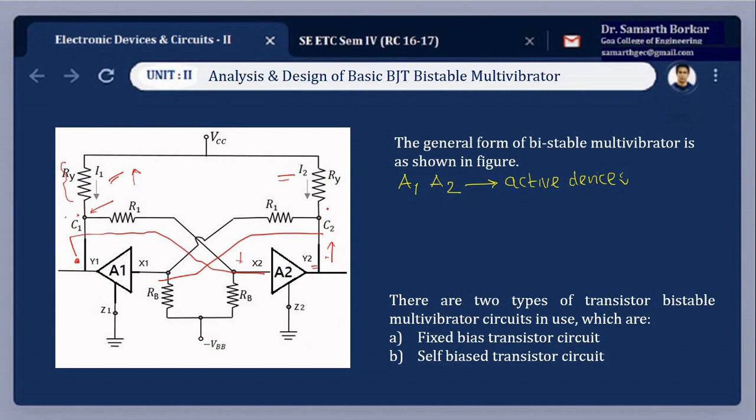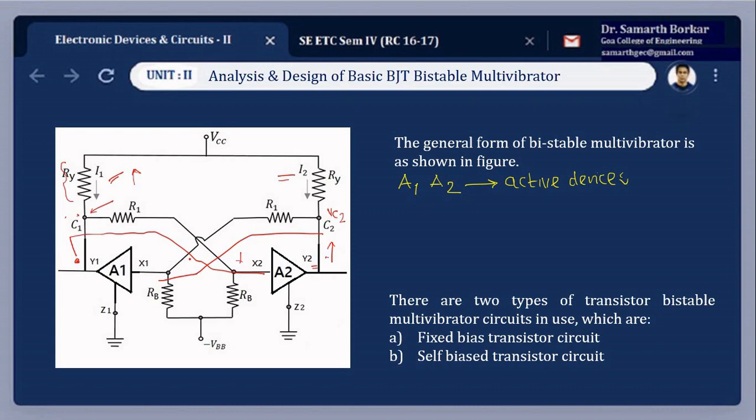Now this voltage, we'll mark this as VC2, is in turn connected to the base of the transistor A1. So this will drive the transistor A1 further into conduction, thereby increasing the current I1 and decreasing the voltage at Y1. Now this cycle will repeat.